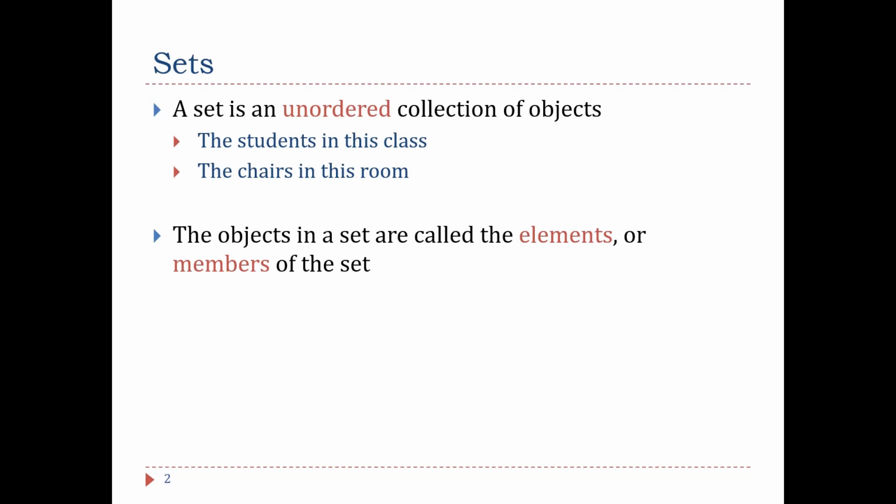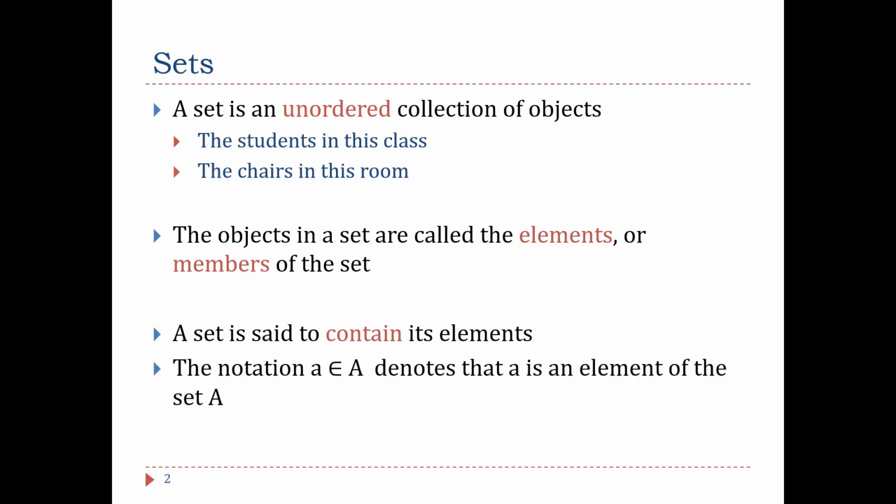So the objects that you have in the set are called elements or members of the set, and the set is said to contain its elements. All of these elements belong to this set. And we use this notation to talk about this relation between the element and the set.